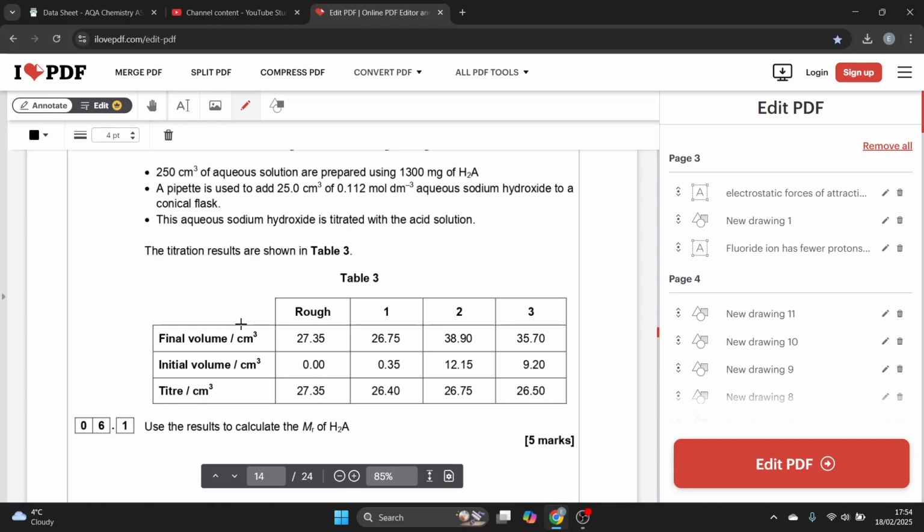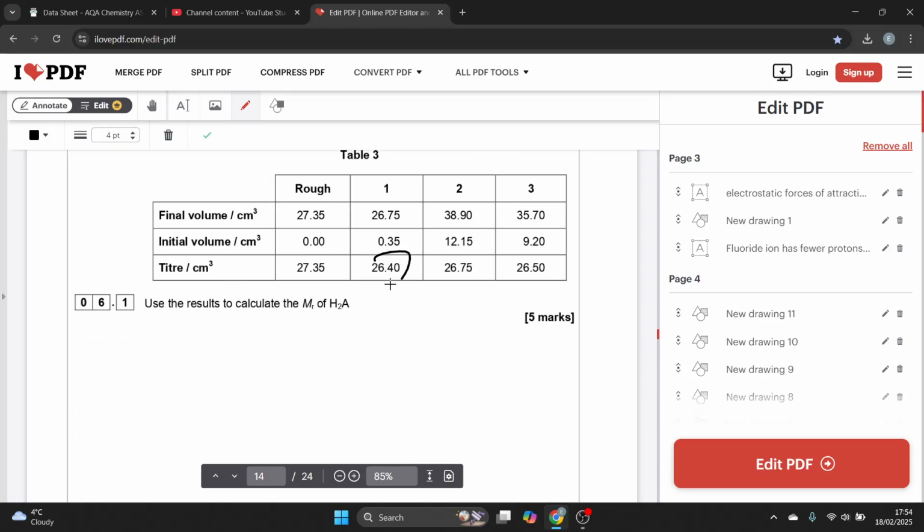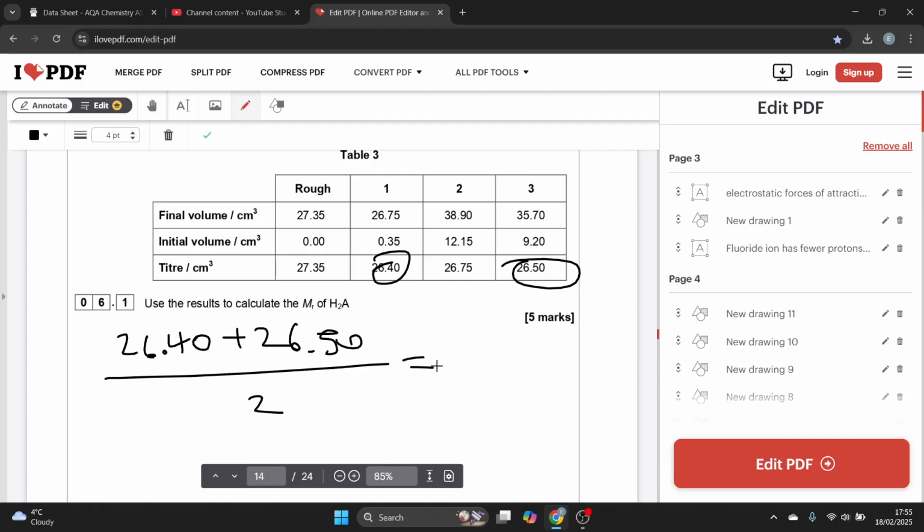Because they want me to use it, right? So I'm going to have to look for the concordant titres. So these two are within 0.1 centimeters cubed of each other. So it's going to be 26.40 plus 26.50 divided by 2. That's the first step, identifying that you have to use the data in table 3.